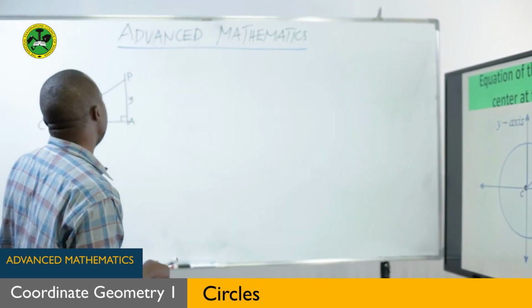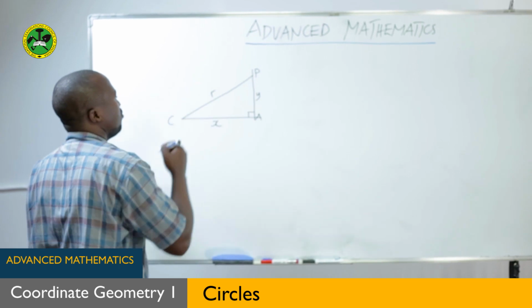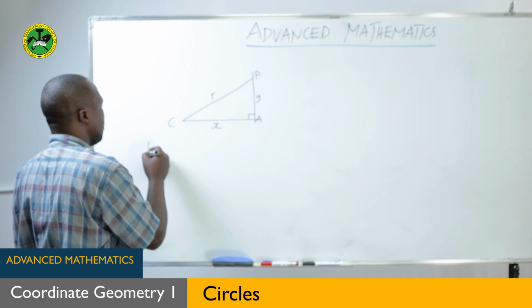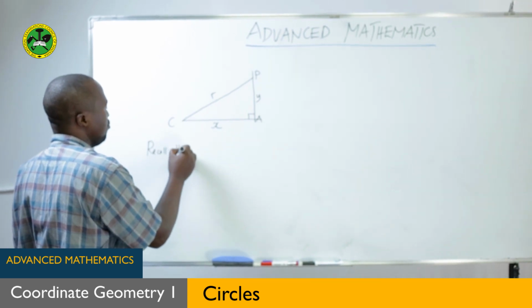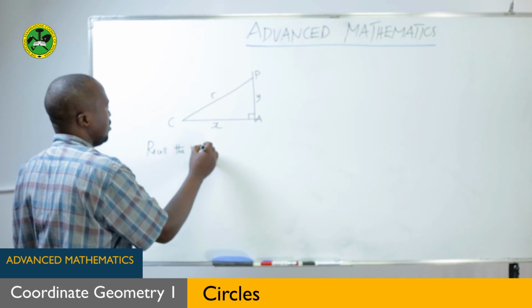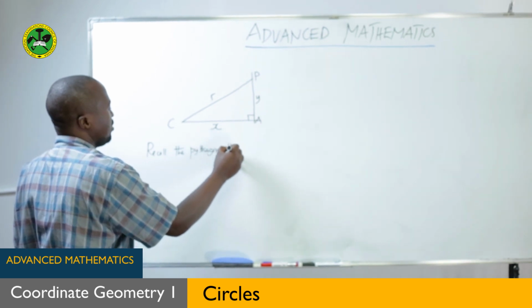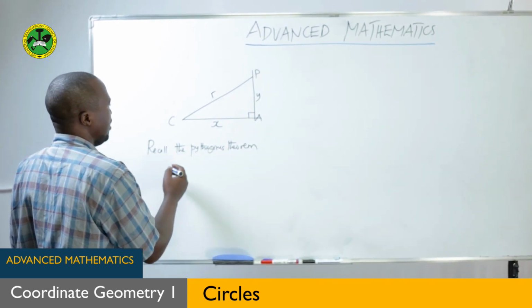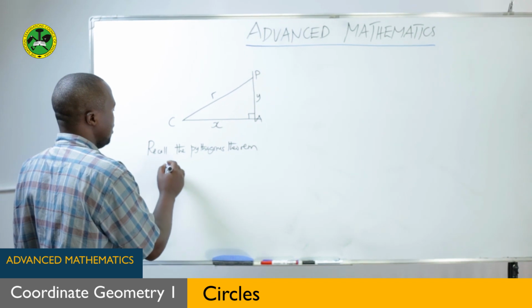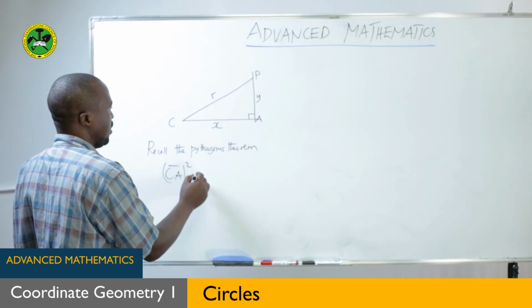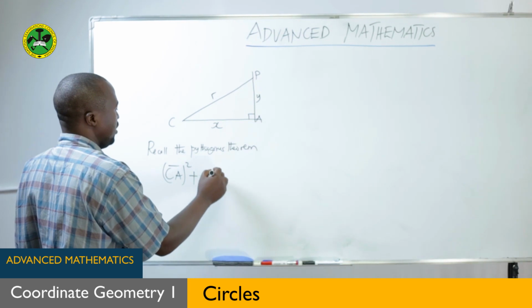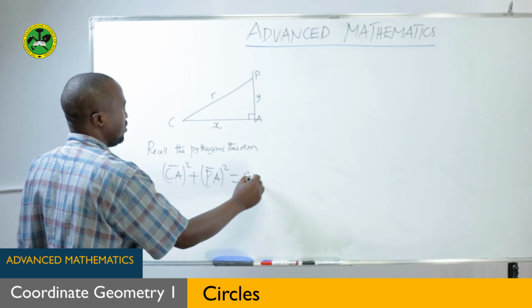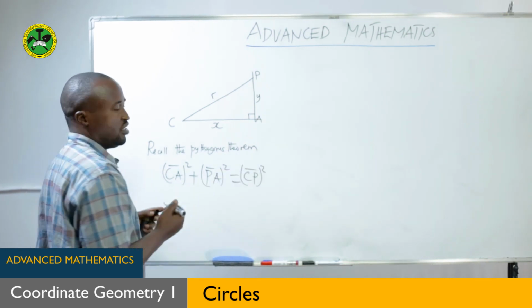So here CP is the radius, call it R. Now remember the Pythagoras theorem, which says CA squared plus PA squared is equal to CP squared.